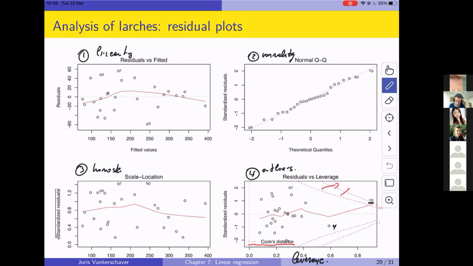So you look to the right to find your outliers. And likewise here, points that are to the right of this line give you your outliers. And that again confirms, just as in the previous plot, that we have one outlier, 1 point with high leverage and high Cook's distance, point number 1.